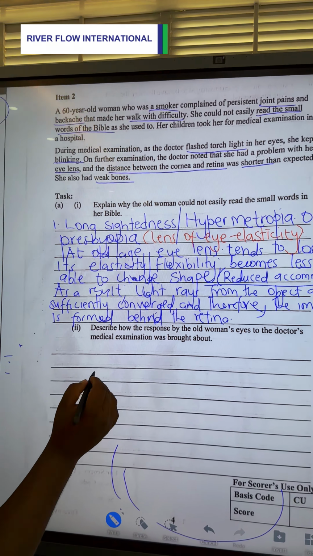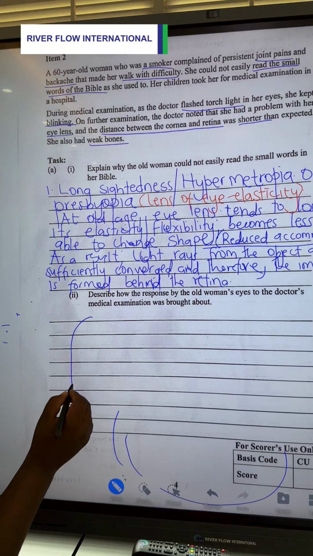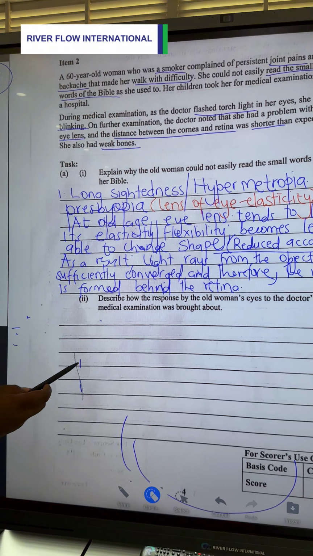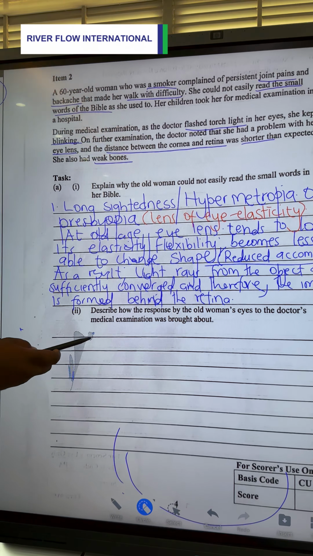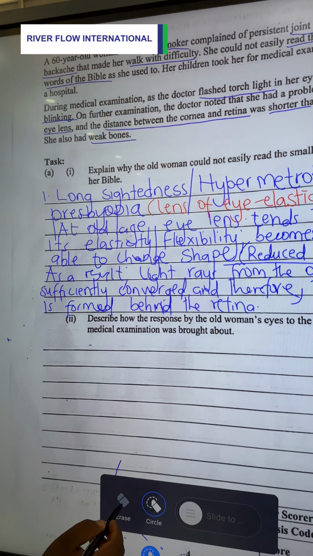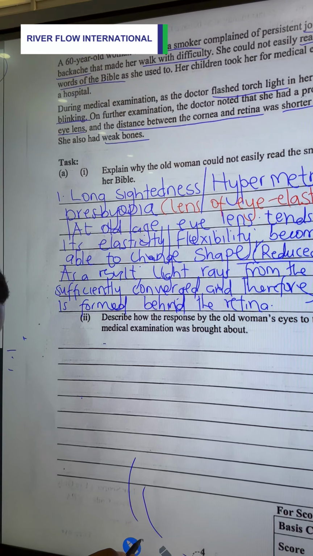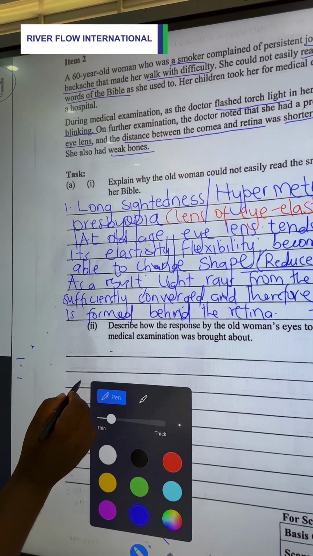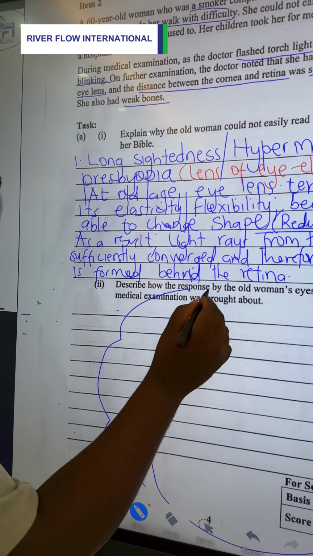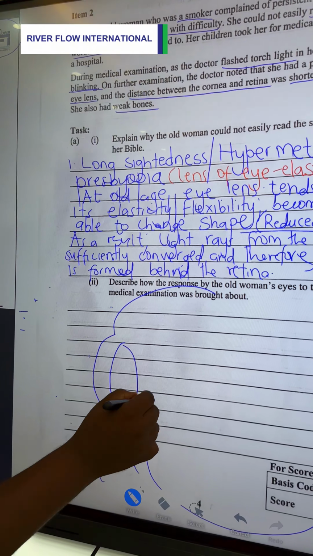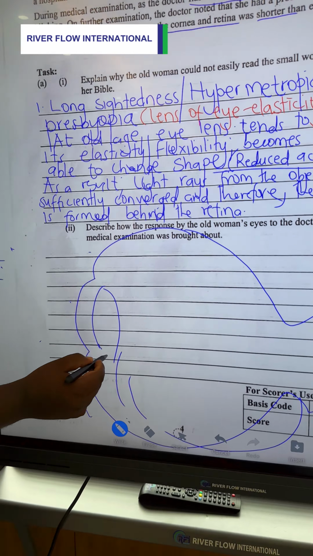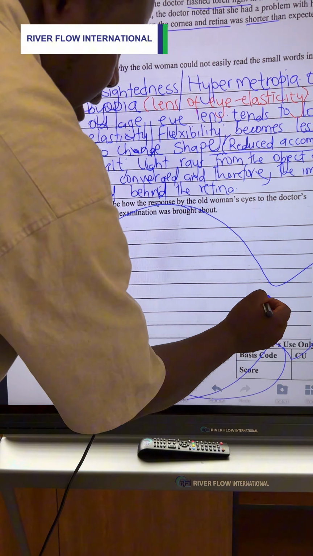Let's see what I'm saying. If this was your eye, and you have a lens here, and then this eye is here, like this, and this is the lens, and the retina is here.